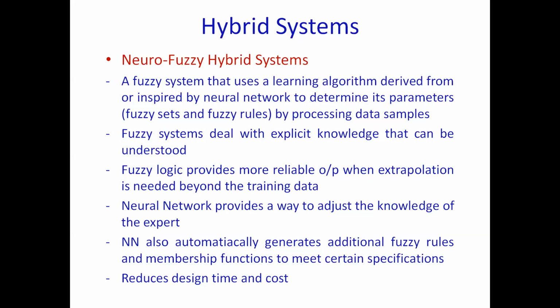So altogether, what happens is that this fuzzy system is going to process the data samples so that it can use a learning algorithm, which is based on neural networks, to determine its parameters, which are the fuzzy sets and fuzzy rules. So this hybrid system now becomes a combination of fuzzy set theory and neural networks, having advantages of both.